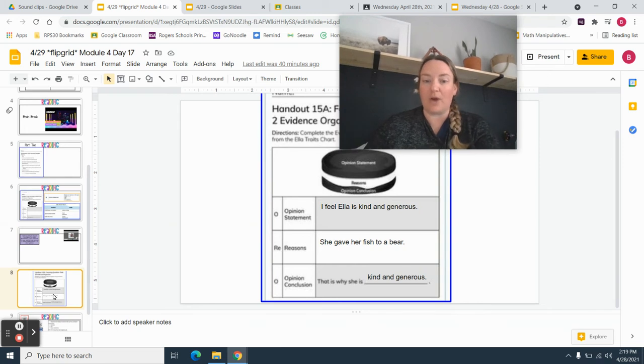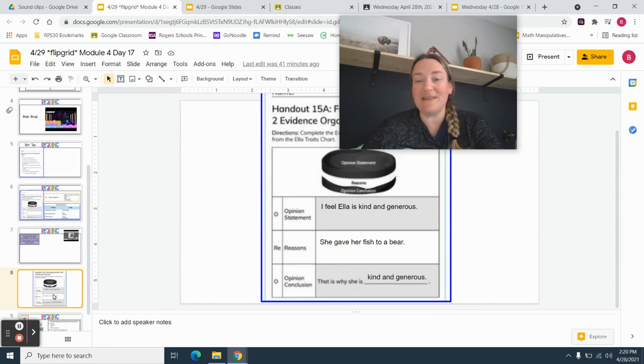So I'm going to actually write my paragraph. I'm going to write, I feel, remember that's my opinion, I feel Ella is kind and generous. Then I'm going to write my reason, the sentence that states my reason. So I'm going to write, she gave her fish to a bear, which it turned out the bear was her berry godfather, remember?